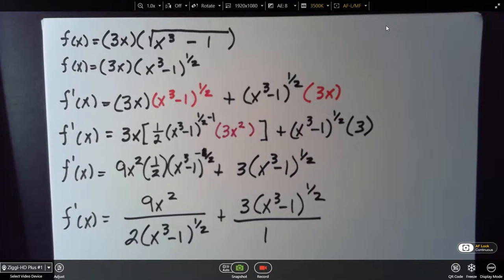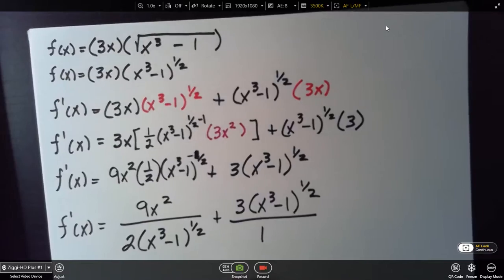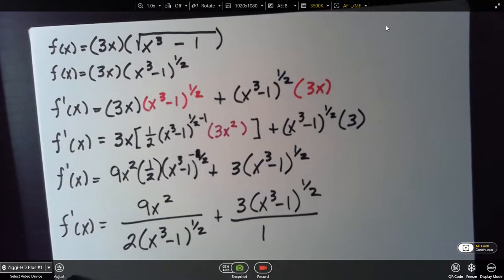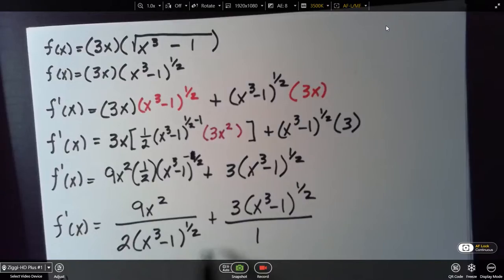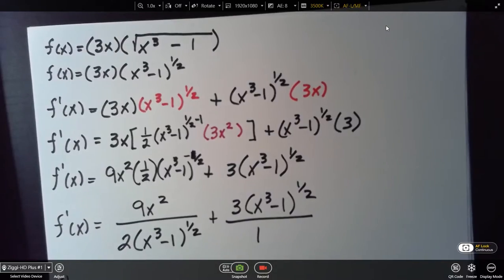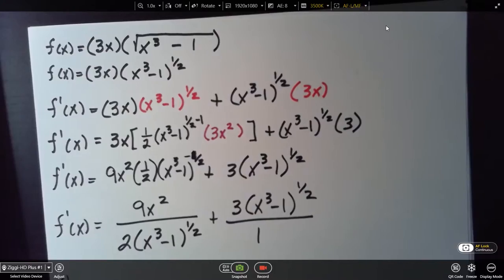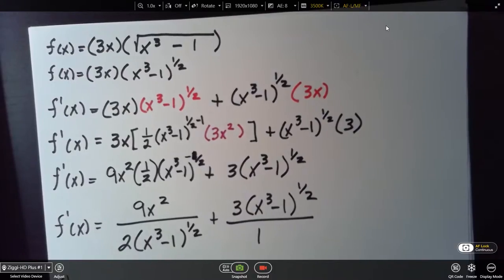So that's going to give us f prime of x is equal to, we've got to get a common denominator, which is this denominator, because this with any denominator is going to be that denominator. So I'm just going to put 2 times (x cubed minus 1) to the 1/2 power down here. And of course that will go in there one time. 1 times 9x squared is 9x squared.